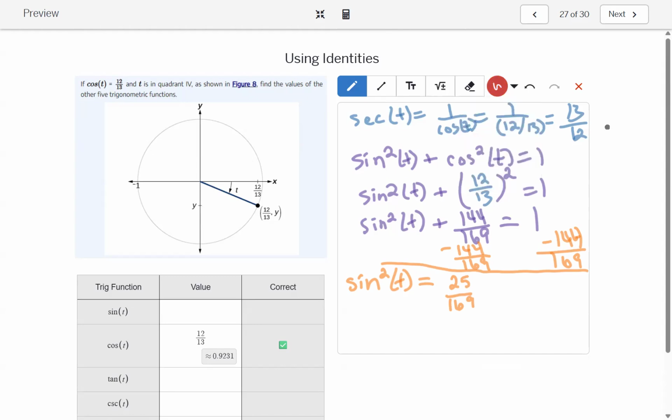All right, now how do we get sine t by itself? Yep. And then what else do we have to remember with our square root? Yep, so we have to decide, do we want the positive or the negative here? They told us t is in quadrant 4. And in quadrant 4, cosine is positive, which we know they gave us a positive number, so sine is negative.